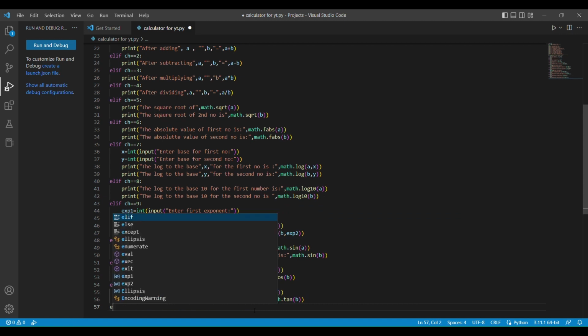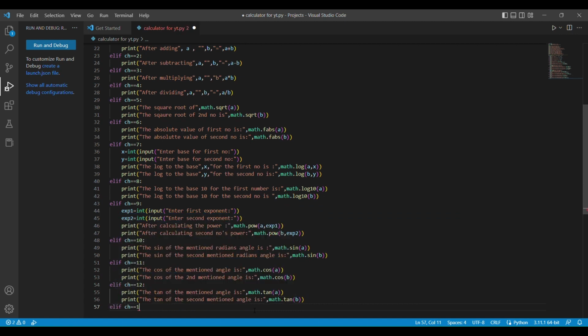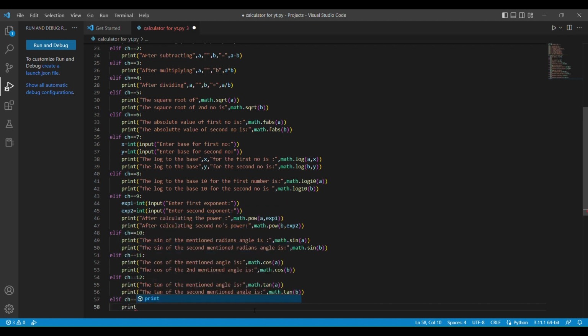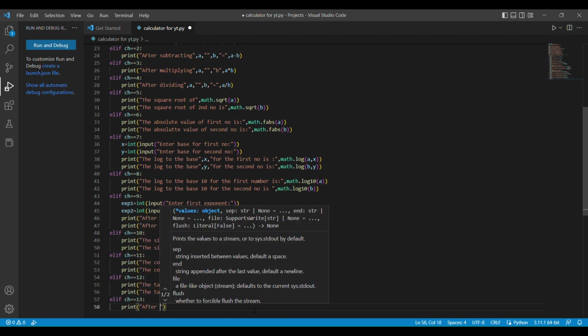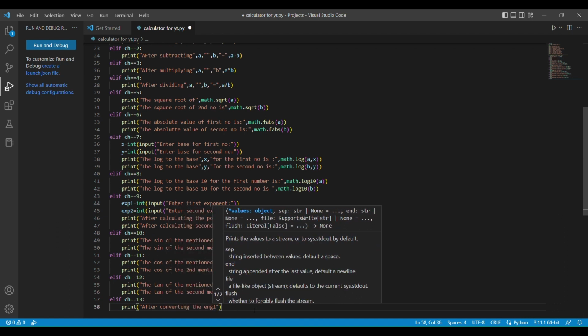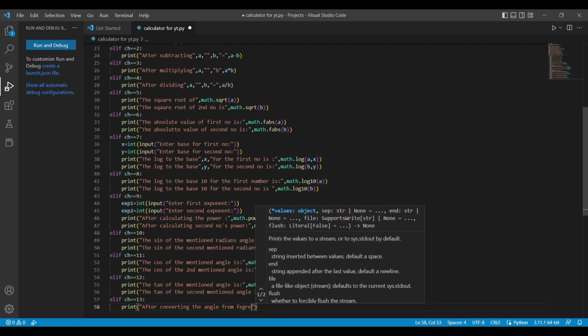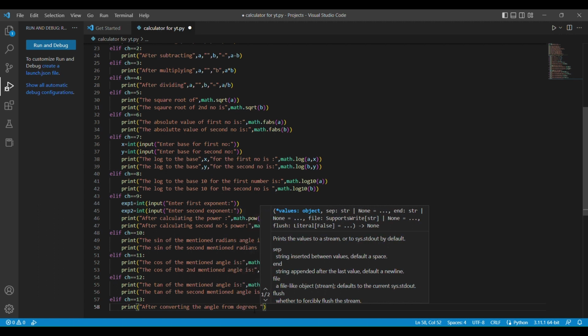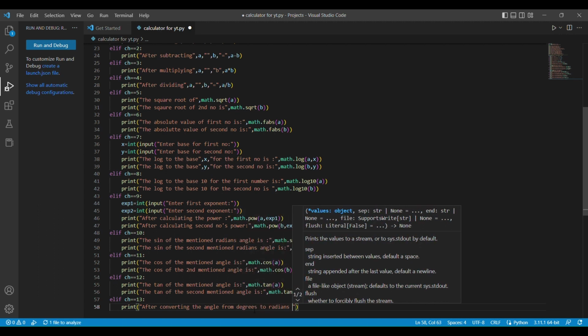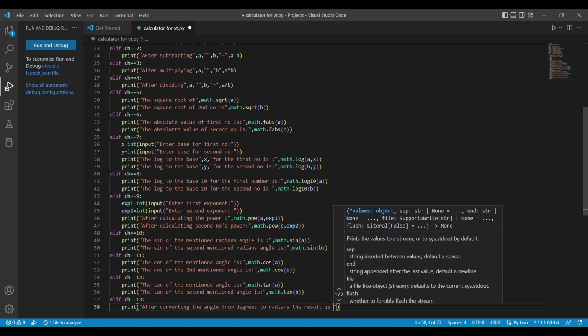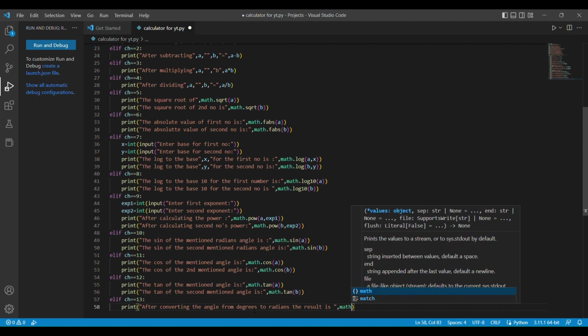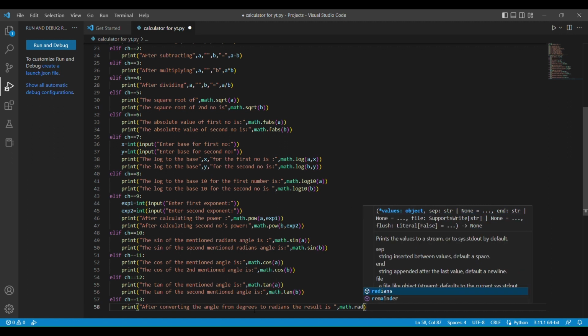Okay, now the 13th one is elif ch is equal to 13, print after converting the angle from degrees to radians, sorry I have typing issues, the result is actually math dot radians.